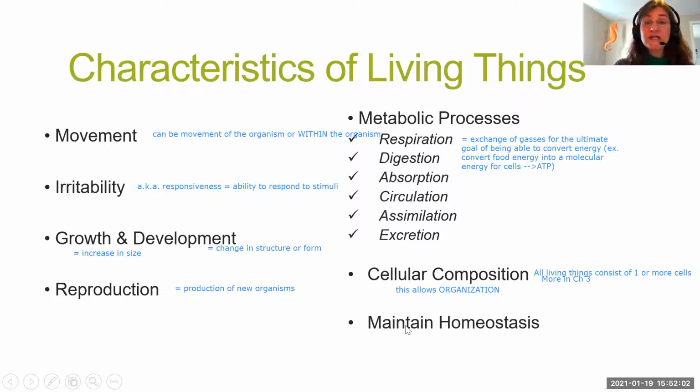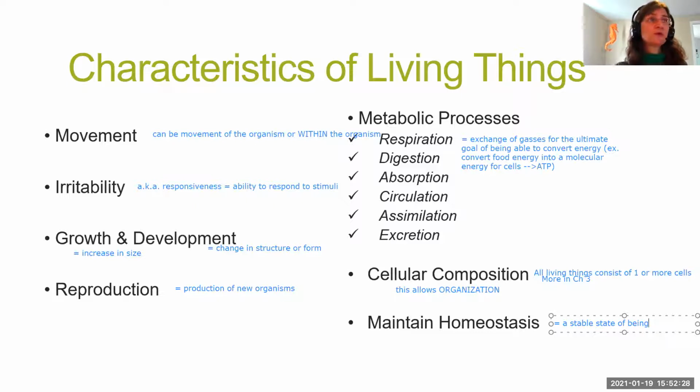All right, and one more key characteristic, maintaining homeostasis. We have a whole section at the end of the chapter about that. This is talking about basically a stable state of being. So, for example, being able to maintain our body temperature, right?